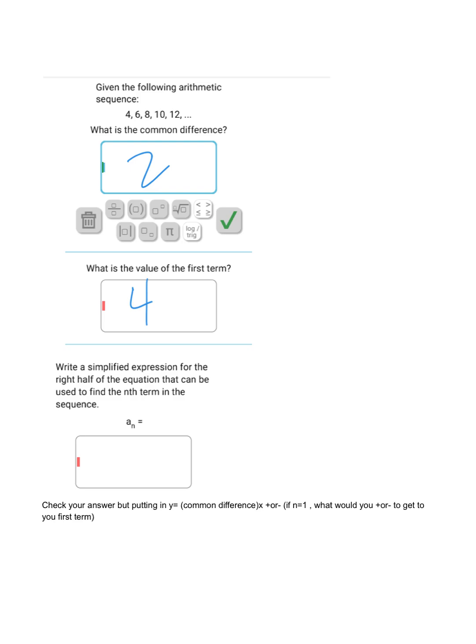So when putting it in y equals in our calculator, you're going to put in y equals 2x, and then our first term is 4. So if x equals 1, 2 times 1 is 2. 2 plus or minus what gives you 4? Plus 2, exactly. And then you go to your table after you get that entered, and you make sure that your table matches.